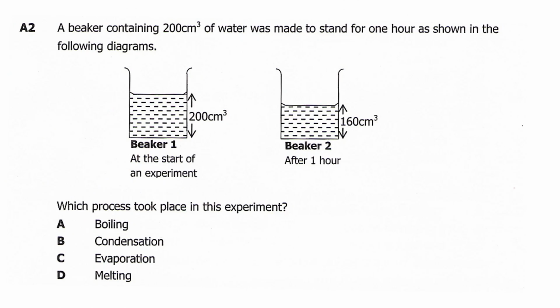A2 reads, a beaker containing 200 cubic centimeters of water was made to stand for 1 hour as shown in the following diagram. At the start of the experiment, the beaker had water level at 200 cubic centimeters, and after an hour, the beaker had 160 cubic centimeters, implying that it had lost 40 cubic centimeters of water.